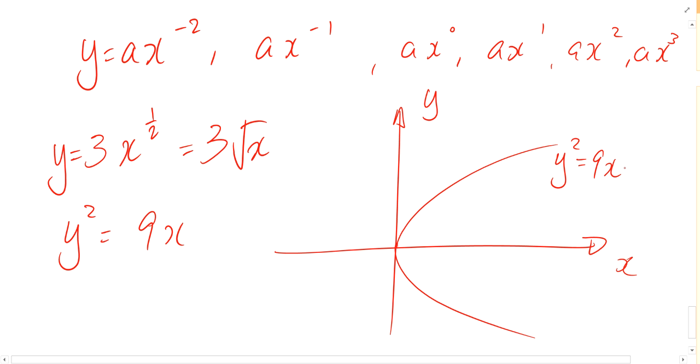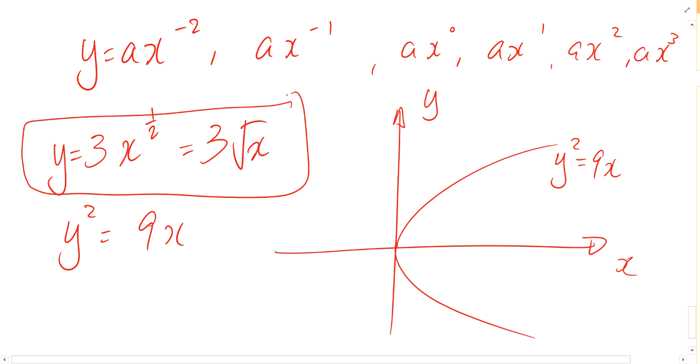Alright? But did they ask us to draw the graph of y square equal to 9x? No, they didn't. They said y equals to 3 square root x. So would there be a difference? Half will be smaller. What do you mean smaller? Compressed? No. What is the difference between these two?